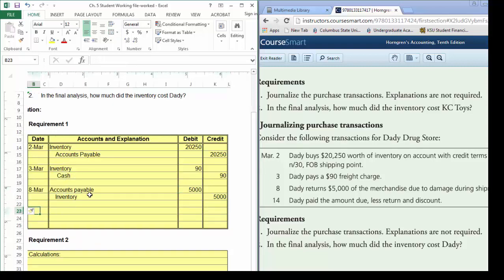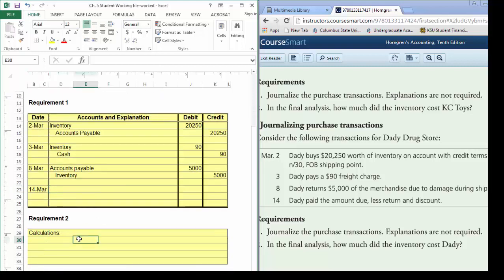All right. Then we have March 14th. So March 14th, it says that Daddy paid the amount due less the return and discount. So let's look over here. So we started out with $20,250, but we returned $5,000. So that means we have a balance in our accounts payable of $15,250.